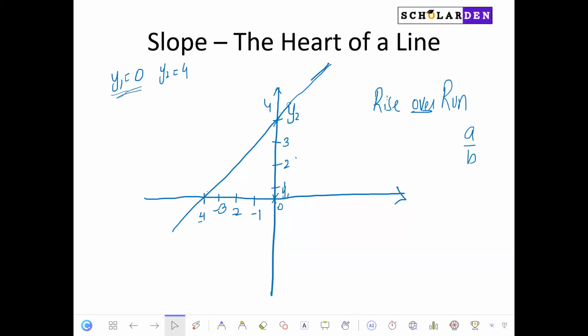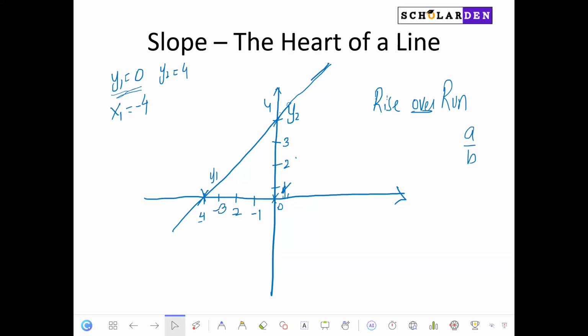At this point, I should have drawn y1 not over here, but somewhere along the line. That would have been better. So y1 is actually not here, but y1 is the value of the y coordinate over here. This would probably give you a better perspective. This is y1, because again, y is equal to 0. What is the corresponding x coordinate? Yes, absolutely correct.